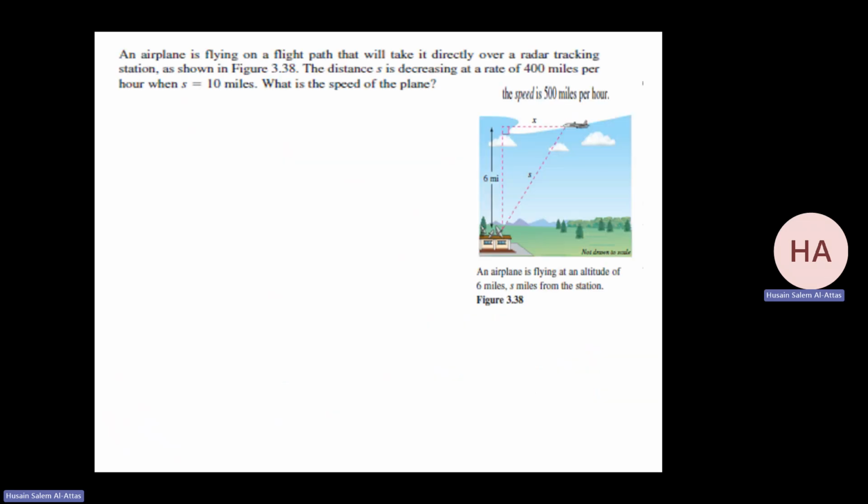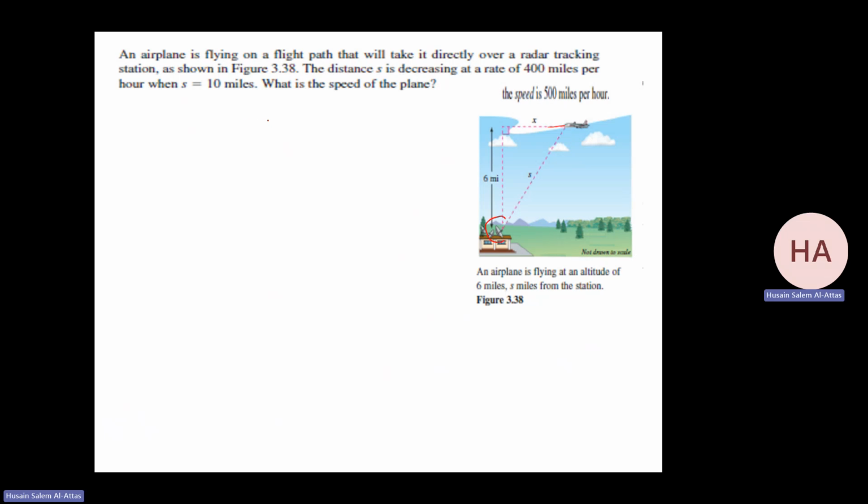Okay. Now we'll move to other problems where I need the Pythagorean theorem. Let us see this graph. We have an airplane flying in a flight path that will take it directly over a radar tracking station.